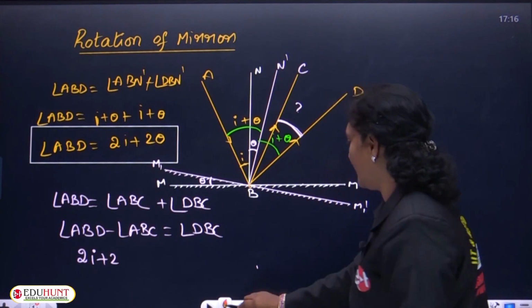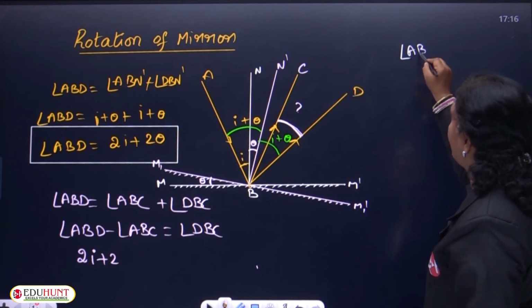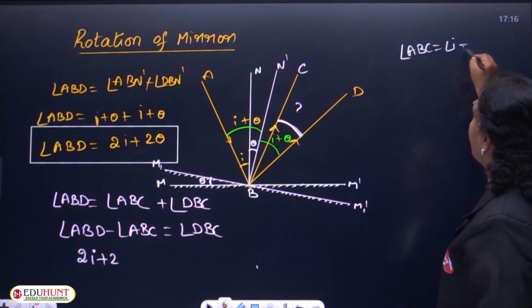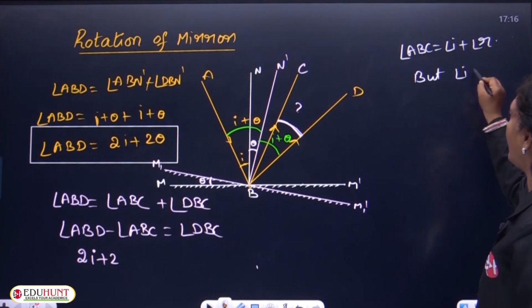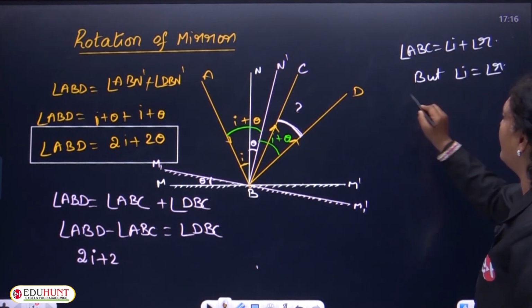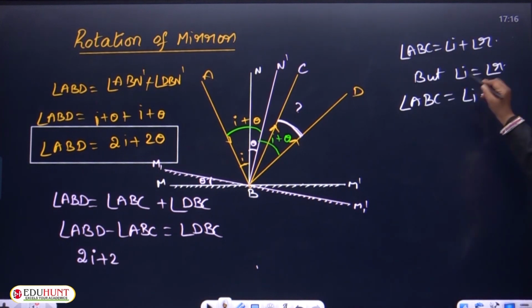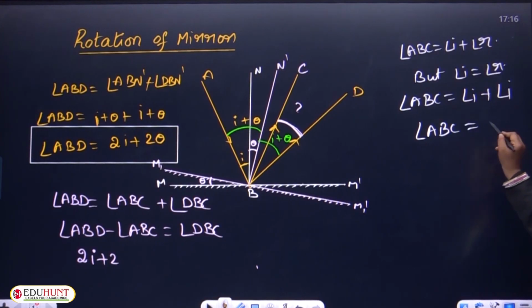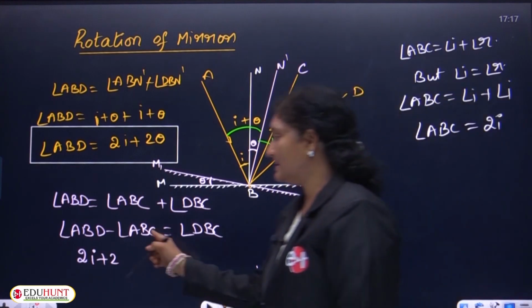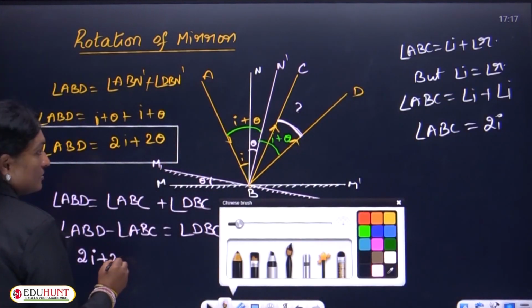From the figure, it is very clearly seen that angle ABC is equal to angle i plus angle r, but as angle i is equal to angle r, we can replace r with i, so angle ABC is equal to i plus i, that is 2i.